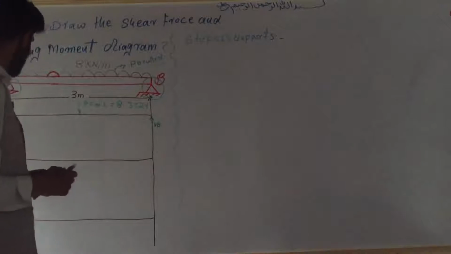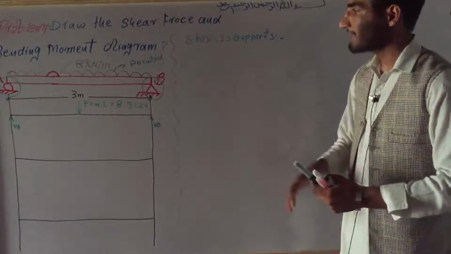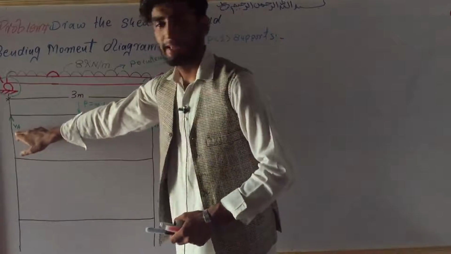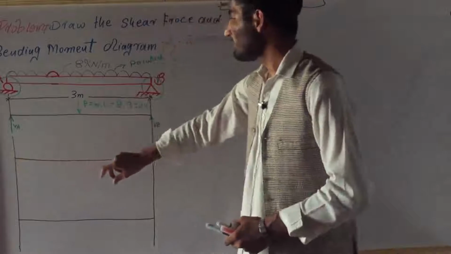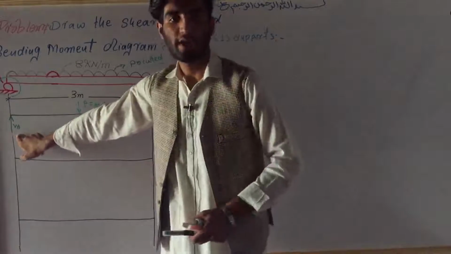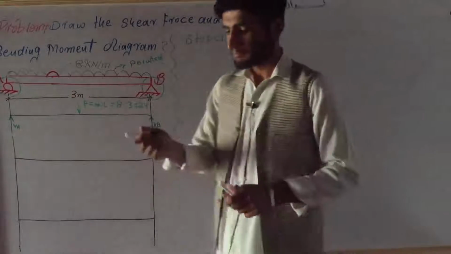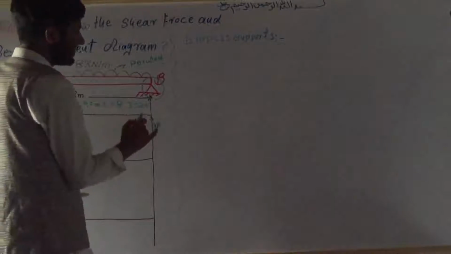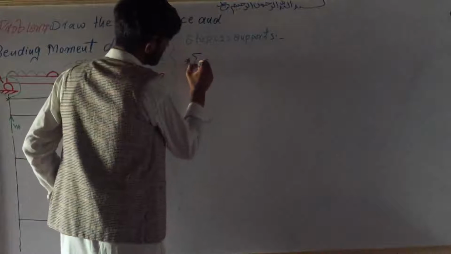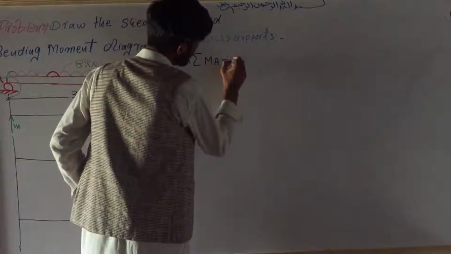If you want to find the reaction VB or VA, to find VB you should take moment about point A. So I want to find VB, and I take moment about A. Summation of moment at point A equals 0.